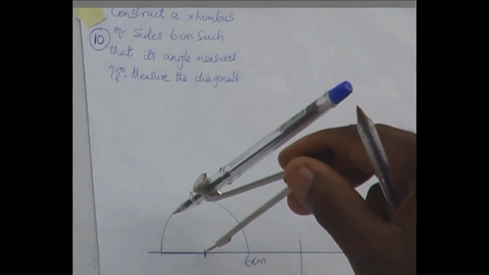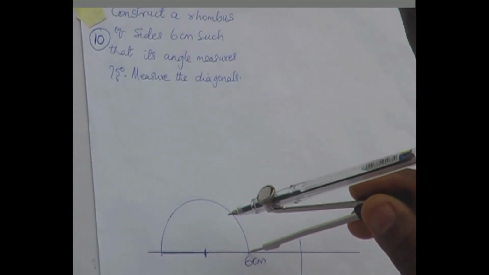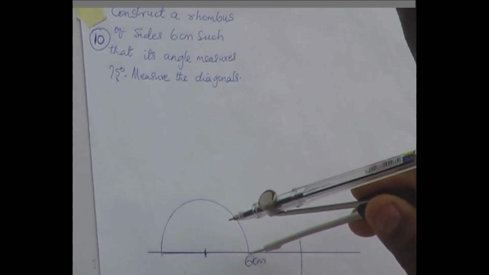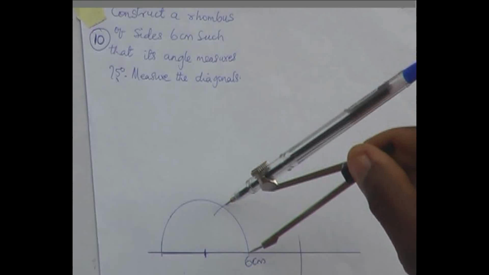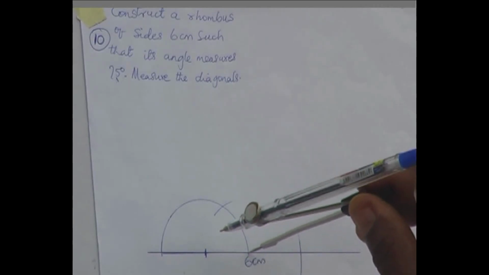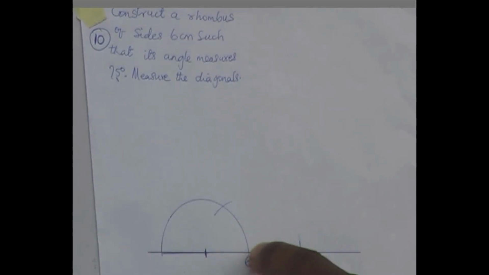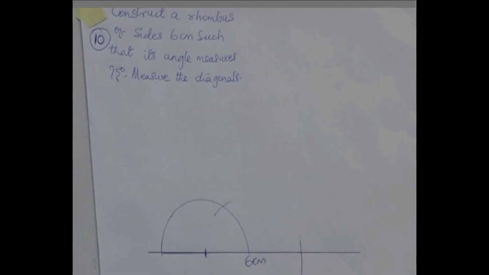Remove the sharp end of your compass, put it at this place and make an arc to cut along your semicircle. That means the angle from here to here now is 60 degrees. I have taught you how to construct angle 60.